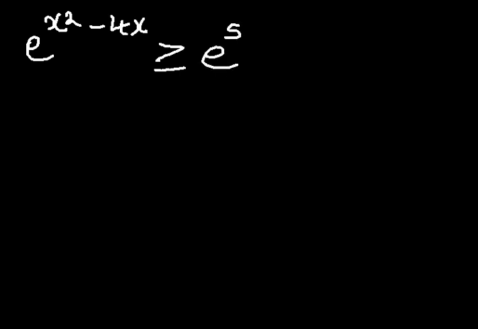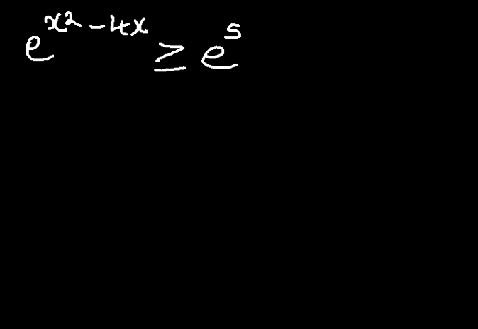Now let's say we have this case. Now think about this. Let's say we have e to the power x squared minus 4x greater than or equal to e to the power 5. So how can we have the solution for this?